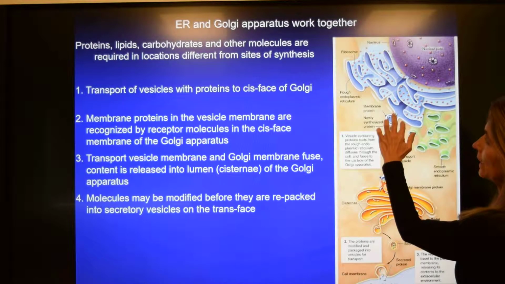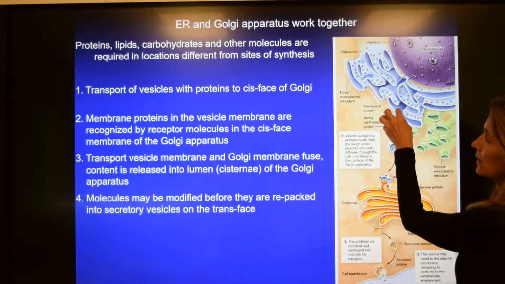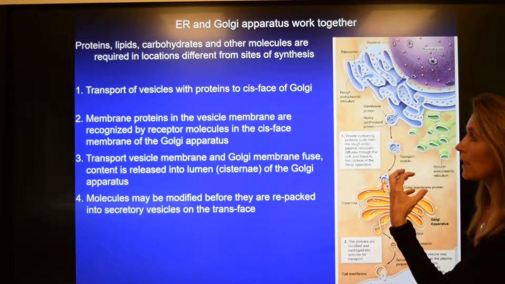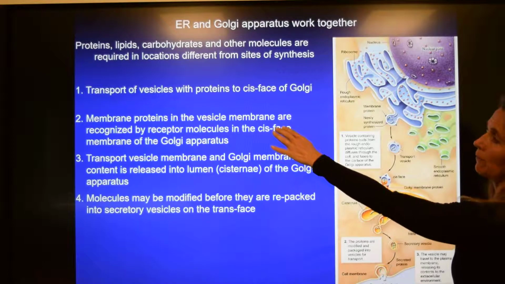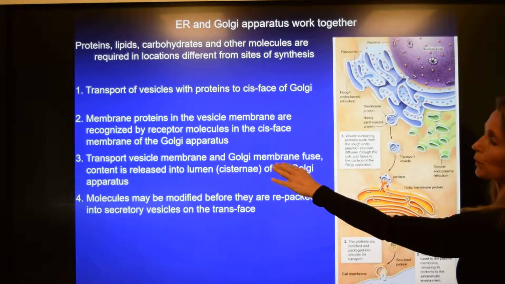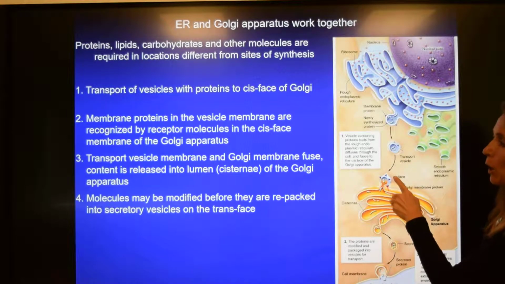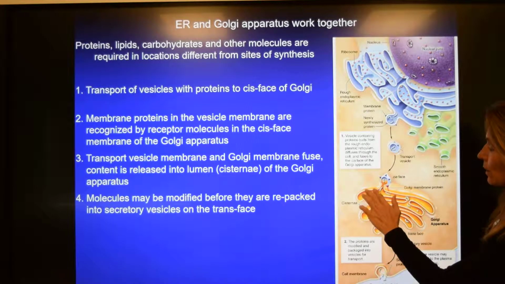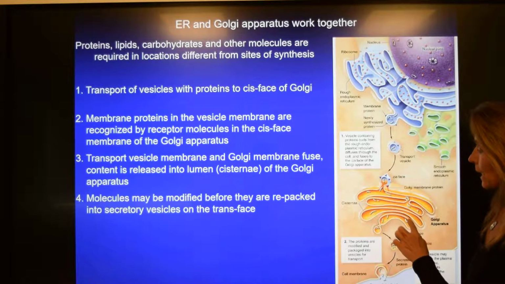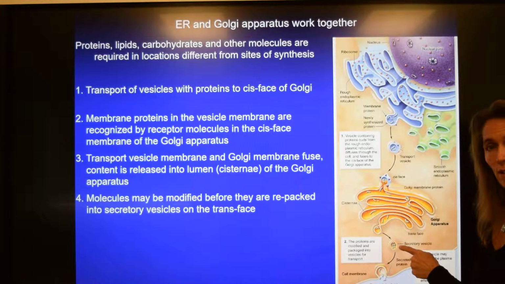And if it is a protein that is within the membrane, these vesicles are now budding off from the rough endoplasmic reticulum containing those proteins. So these membrane proteins within the vesicles are now transported to the membrane of the Golgi apparatus, which you can see here. They now migrate throughout the Golgi apparatus, and they are now being modified. And ultimately, they are released from this Golgi apparatus on this maturing side here.